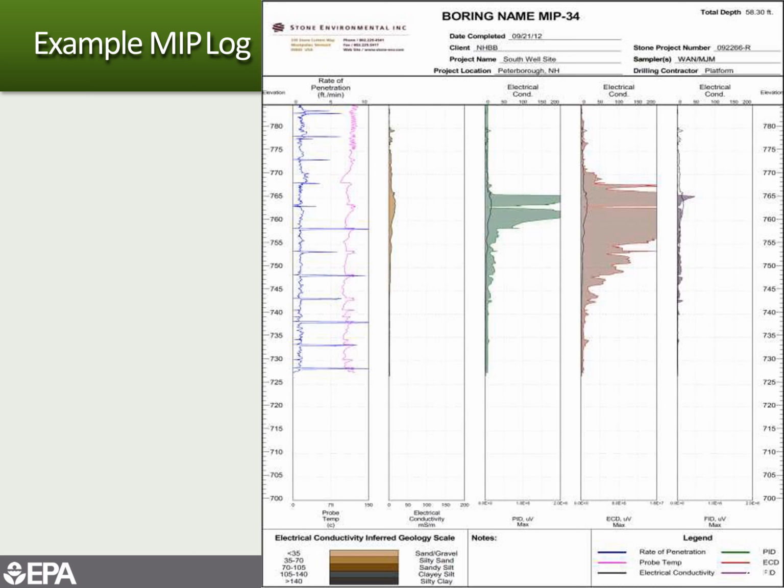And we stopped right at the top of those zones, ran the MIP here, and got these big hits on the PID. We were able to find a whole series of these little silt zones with high concentration zones right on top of the silt. That investigation with this tool led to a complete change in the approach at that particular site. So that was 20 years ago, and I still think it's a great tool.